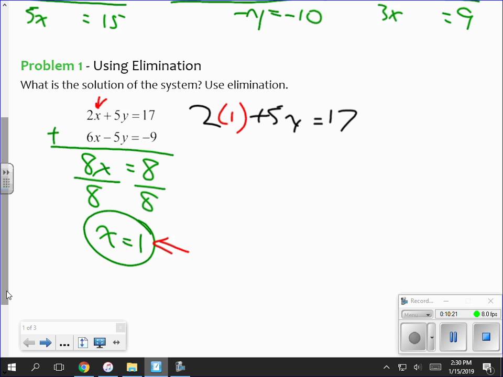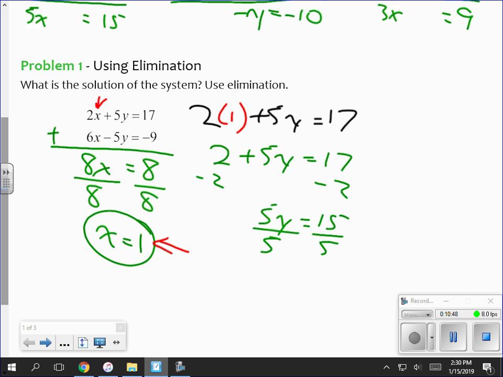That's what you do, is you substitute the answer you got back into either one of the other ones and then solve for y. 2 times 1, that gives me 2. 2 plus 5y equals 17. Subtract 2. I get 5y equals 15. Divide by 5. y equals 3. And there are my two answers.